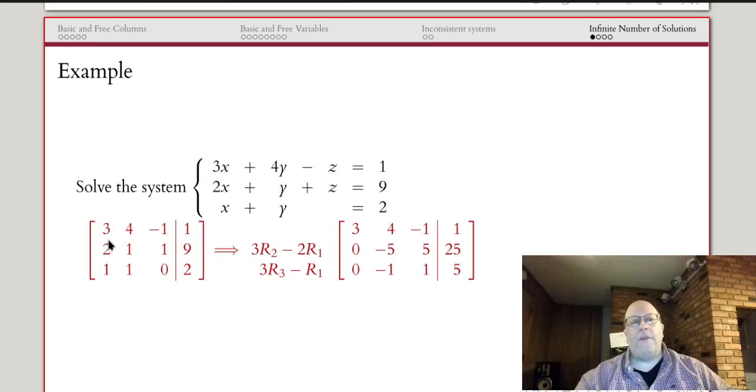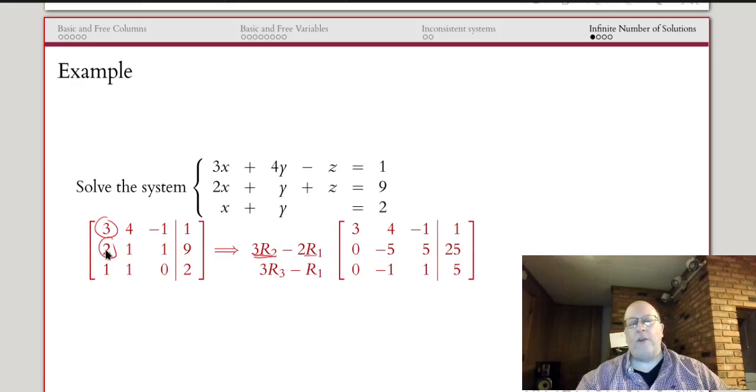To get rid of this 2, I'm going to use the lowest common multiple of 2 and 3, which is 6, which means I have to multiply this row by 3 and this row by 2 and subtract them.